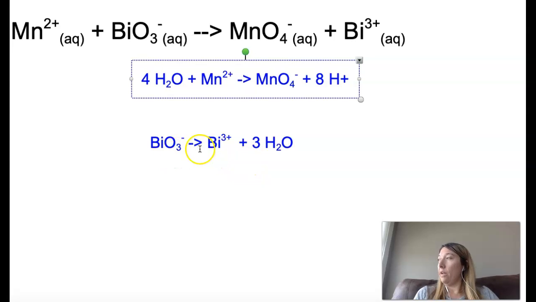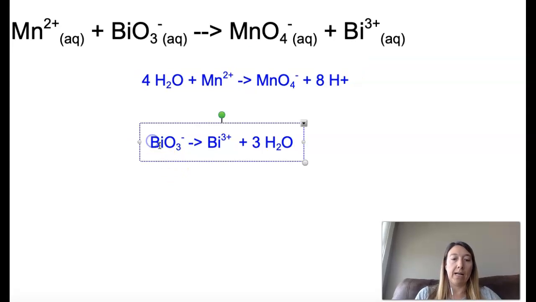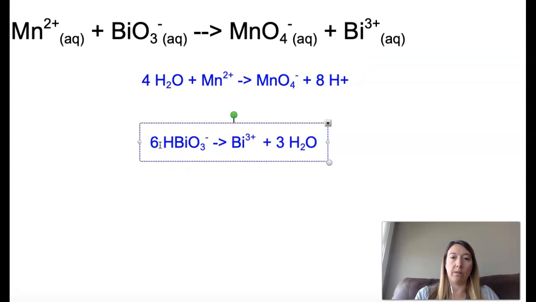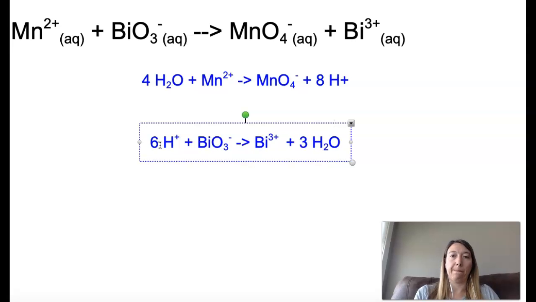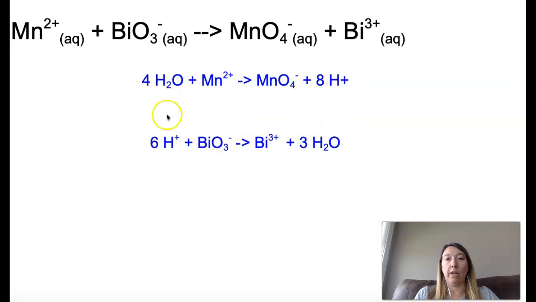Okay, in this one, I have no H's over on the left side. I now have 6 over on the right side. So we are going to add 6 hydrogen ions. So atoms should be balanced. Let's take care of our charges. So when we look, we have plus 2 on this side. This has a -1 and 8 positives.